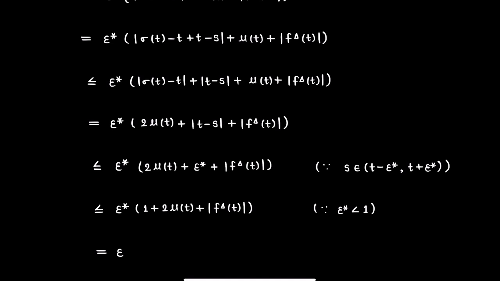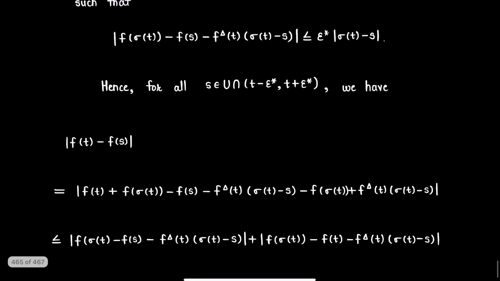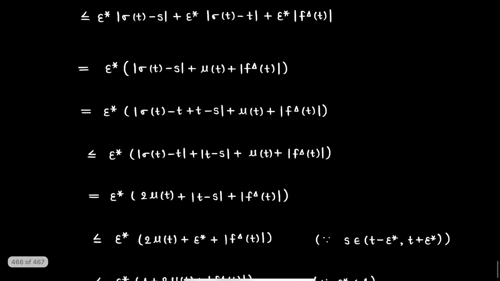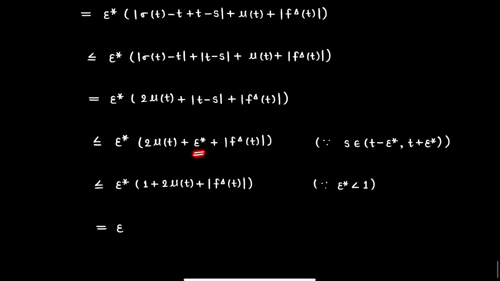Now note that we have formed epsilon star using epsilon which is chosen from the interval 0 and 1. So this epsilon will be strictly less than 1. So here we have replaced this epsilon with 1. So this term will be less than or equal to epsilon star multiplied by 1 plus 2 mu t plus modulus of f delta t.